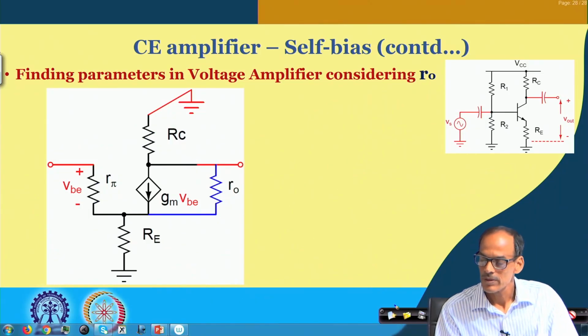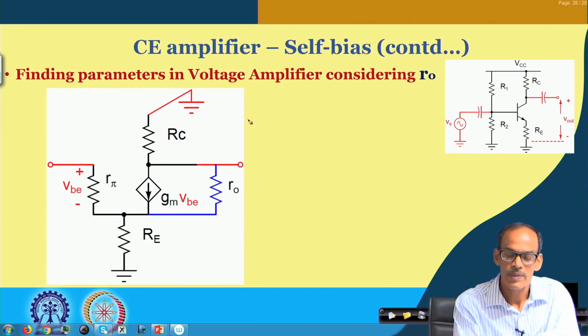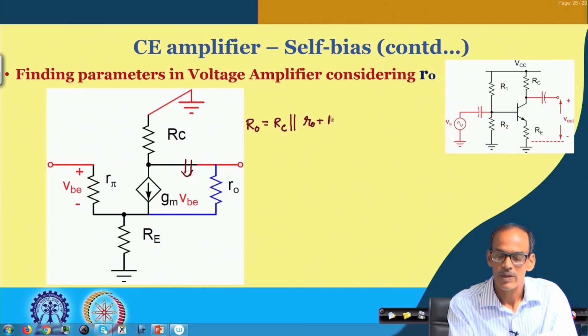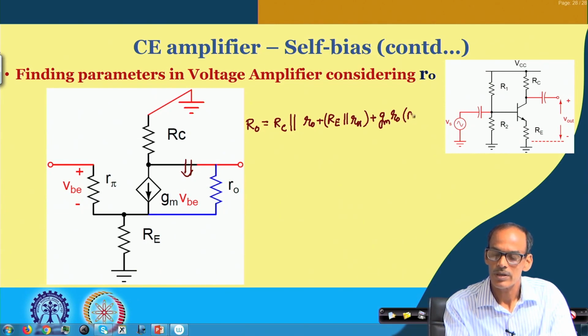So, let me rewrite whatever I have just said: the output resistance RO is RC in parallel with the resistance coming from this circuit, and that resistance is R naught plus RE in parallel with R pi plus GM R naught RE in parallel with R pi, and then the whole thing is in parallel with RC.